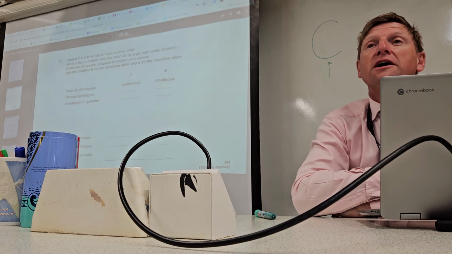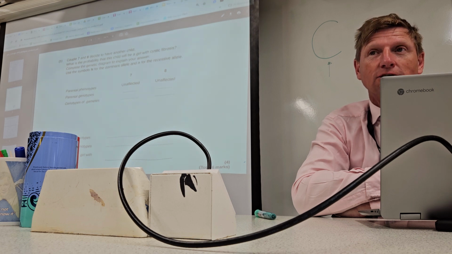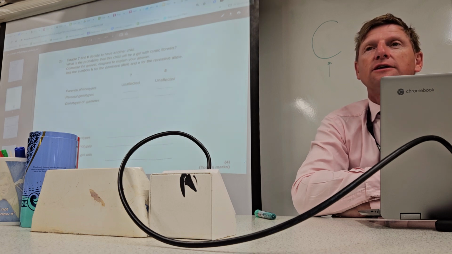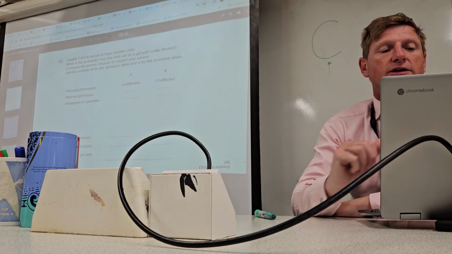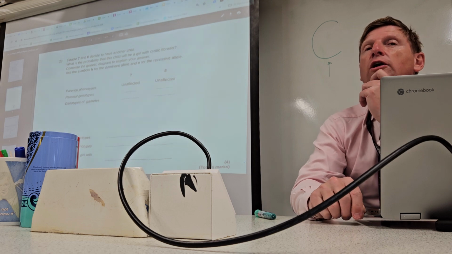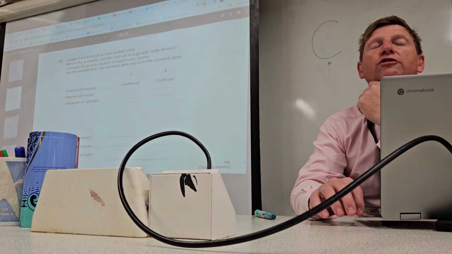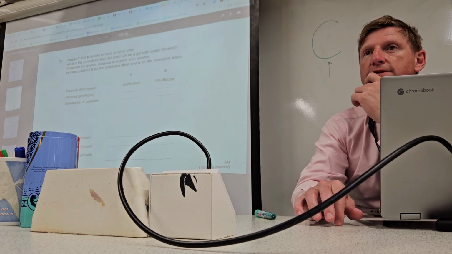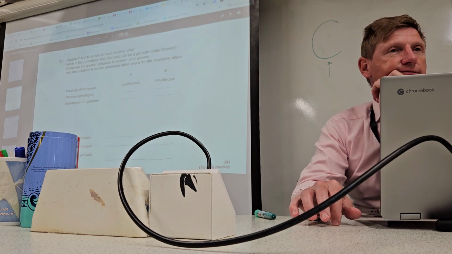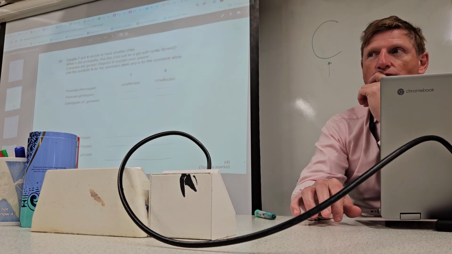If you want it to be a girl as well, what do we need to do to that probability? Divide that by 2. That's right. It's a 50-50 chance. So it's 0.25 times 0.5. So that's then 0.125.